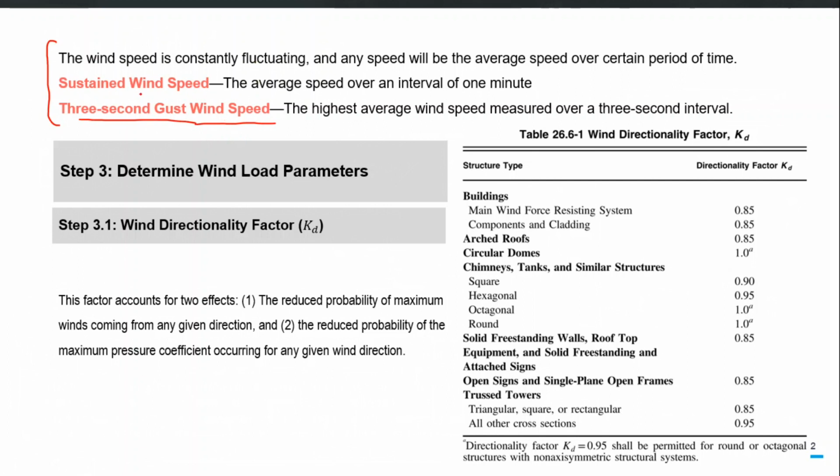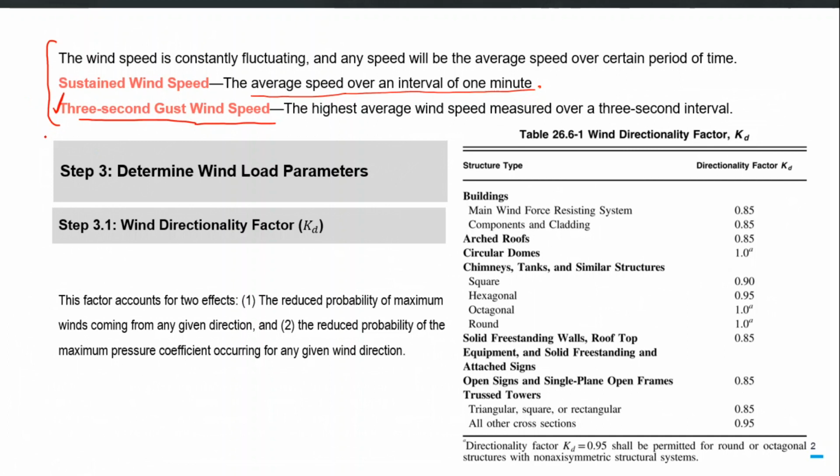We have the sustained wind speed, which means the average wind speed over an interval of 1 minute, for example. And then we have an hourly mean wind speed also, and some other definitions of wind speed. But 3-second gust is the one which should be used.